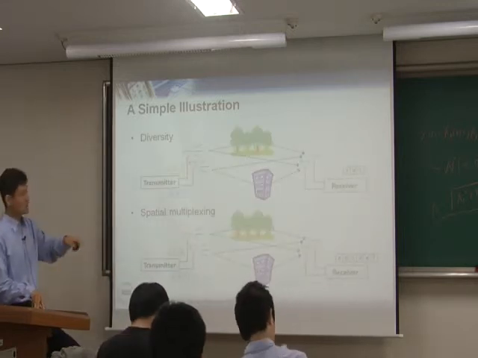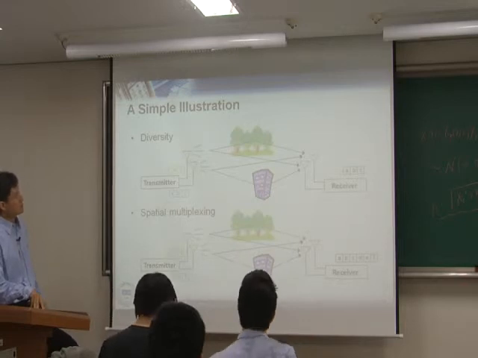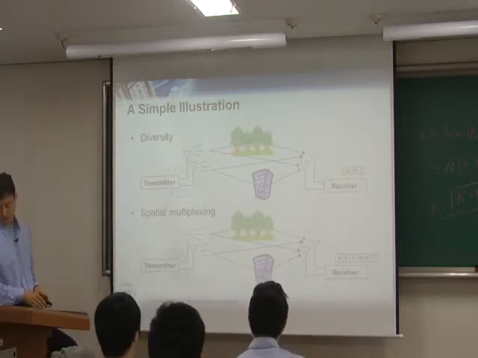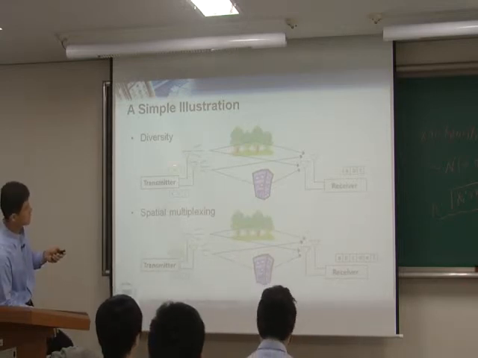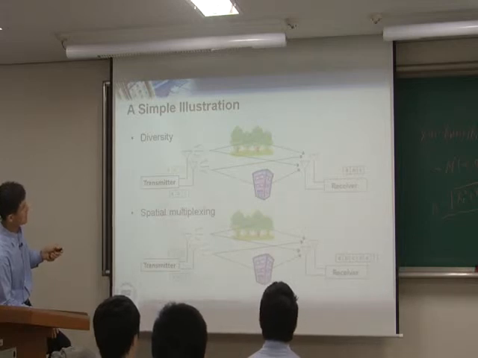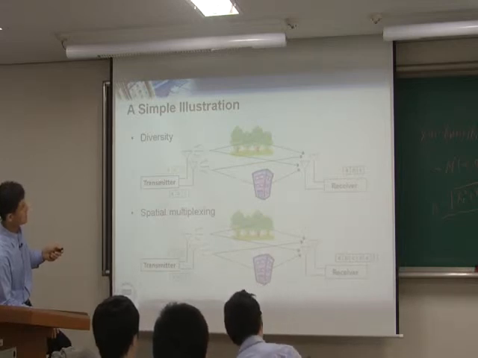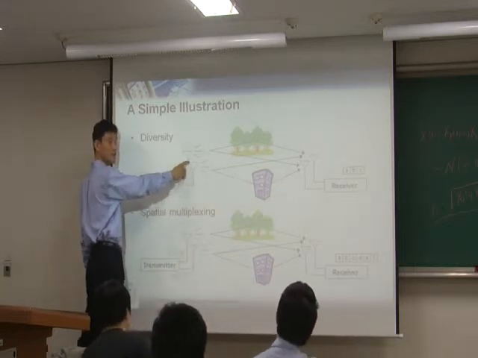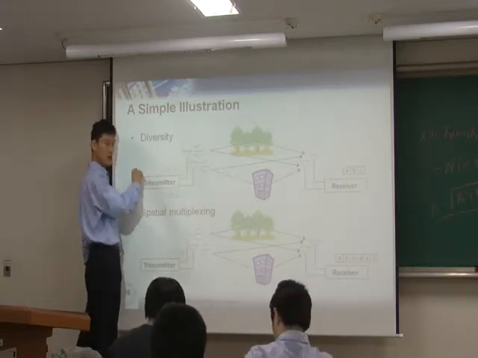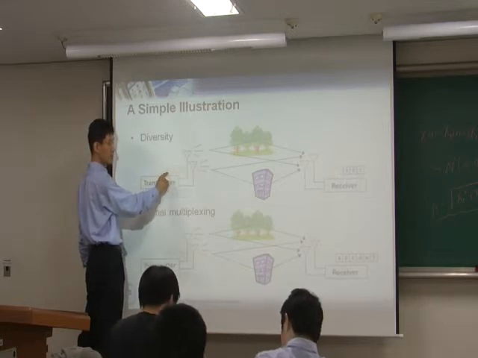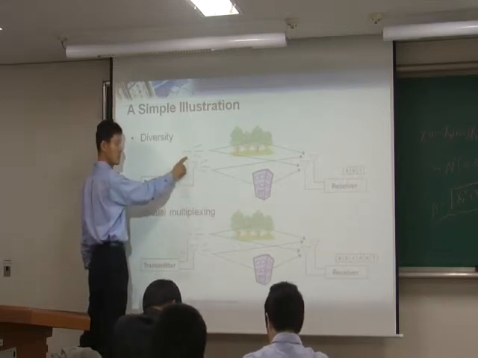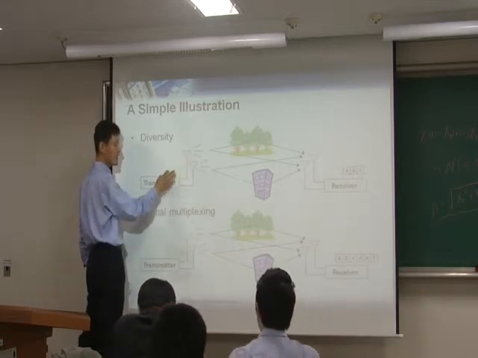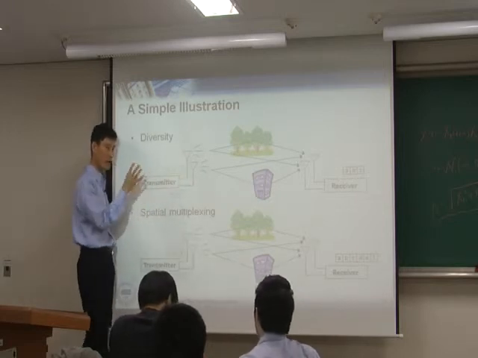We talked about diversity and spatial multiplexing. If you look at this picture, then this will help you better understand. In diversity mode, let's say we transmit ABC. But since I have 2 different antennas, I transmit ABC onto the first antenna, and I modify this ABC in a slightly different way.